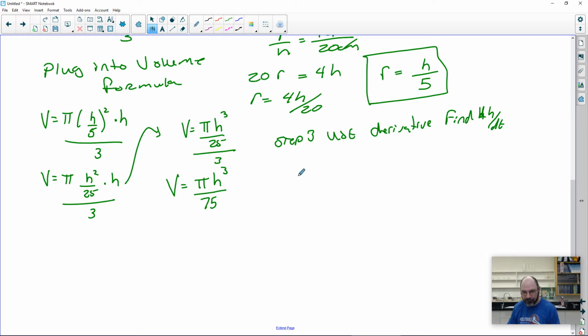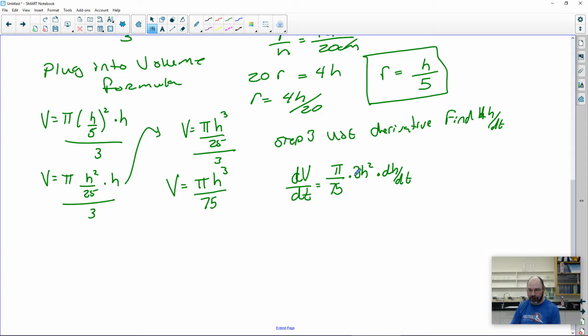So we're going to take the derivative of volume with respect to time equals, this is a number, pi over 75. We'll write that out like this. And we'll treat this h cubed as h cubed, so that'd be times 3 h squared dh/dt. Okay, there we got our derivative.